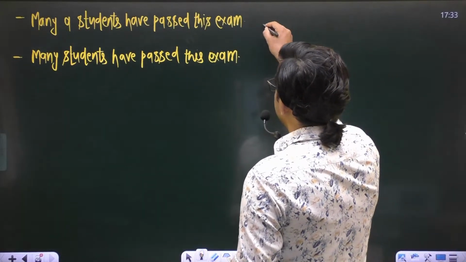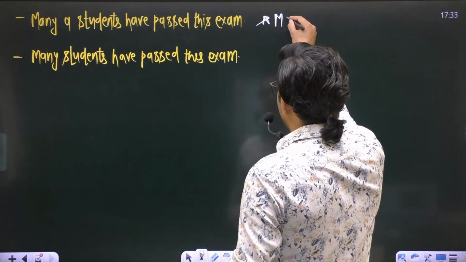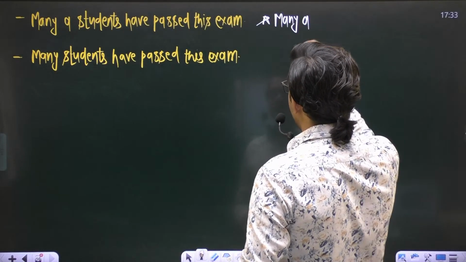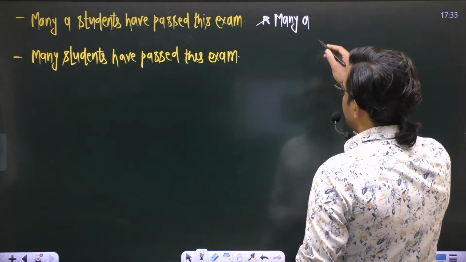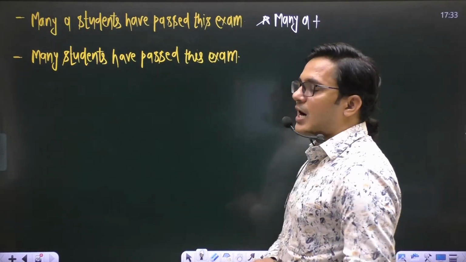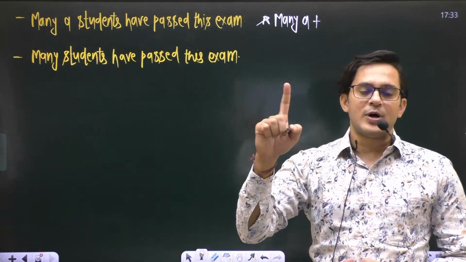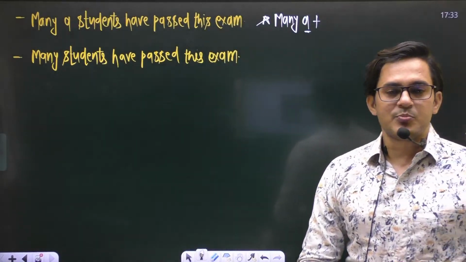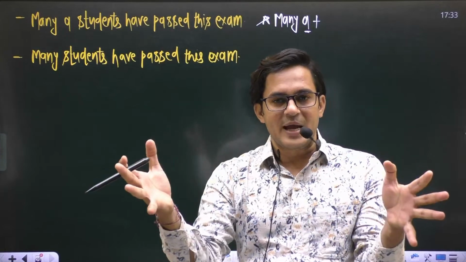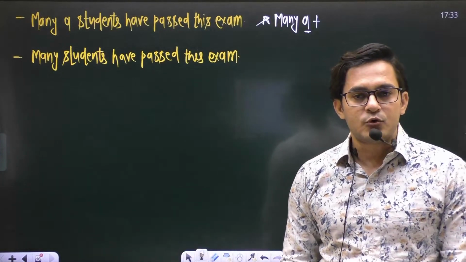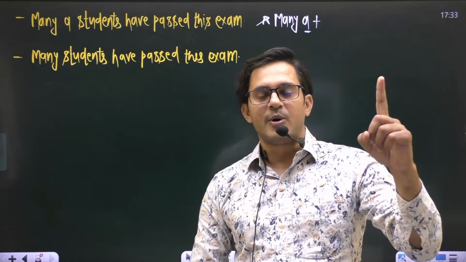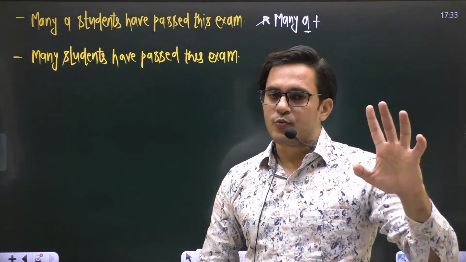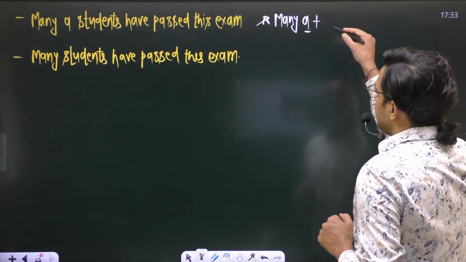We have a phrase, many a. So many a means out of many we are talking about one. This article a denotes one. So we have many, and out of many you are talking about one.